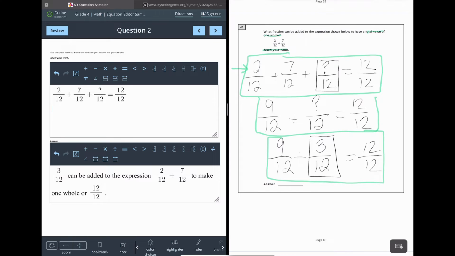I just skip to the next one and I write the second one. 9 twelfths plus question mark 12 is equal to, what's wrong? I didn't mean to tap that one, 12 over 12. And let's tap behind it.